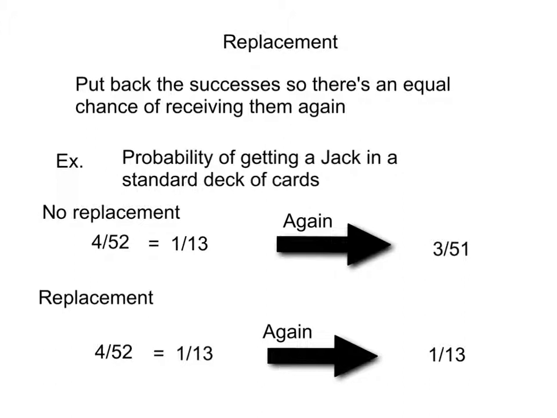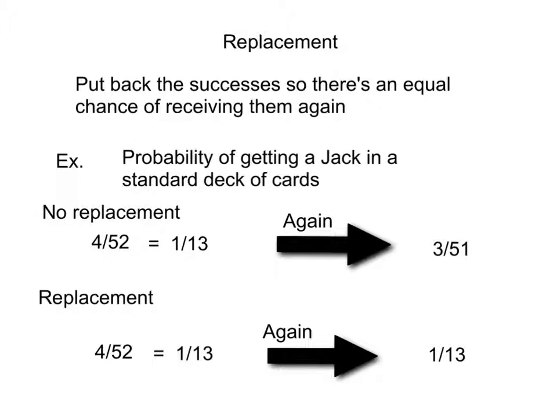Something else to keep in mind is replacement. Replacement is putting back the successes so that there's an equal chance of receiving them again. For example, let's find the probability of getting a jack in a standard deck of cards. With no replacement, we start off with a chance of 4 out of 52, or 1/13.